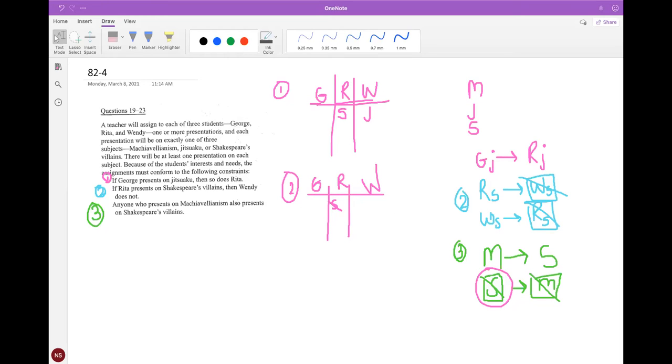If you don't have S, you don't have M. And if R doesn't have S and doesn't have M, what do we know? It has J. Excellent. So we can go ahead and put J in for this one. We don't really know about anybody else.